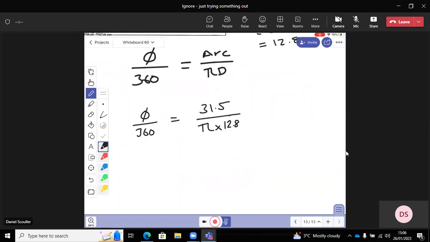31.5 divided by pi over 12.8. Just be careful when we're putting this in a calculator. So let's rearrange this first. That 360 comes across.